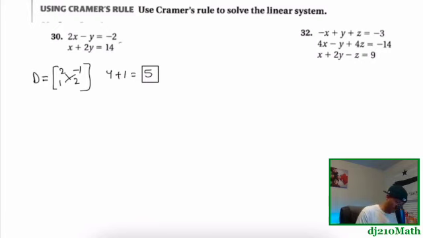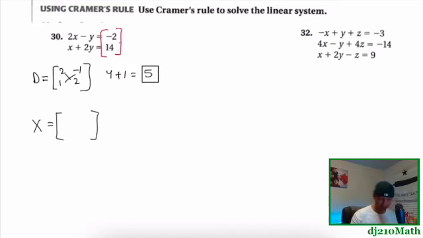Okay, figuring out x, big X. I'm going to swap, right, because there's another 2 by 1 matrix. The constants, the answers. I'm going to substitute that into the x column. Negative 2, 14, right?